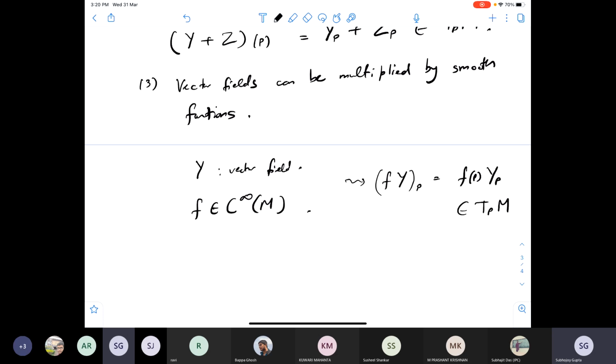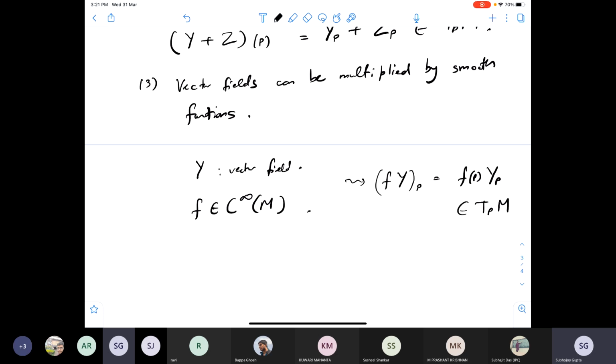If you define it like this, it's a new vector field, and it's also a smooth vector field, because f was a smooth function. Locally, in local coordinates, the a1 to an that we saw before just get multiplied by f.